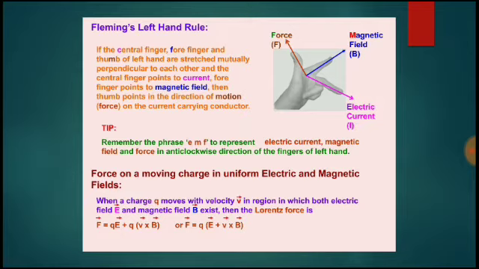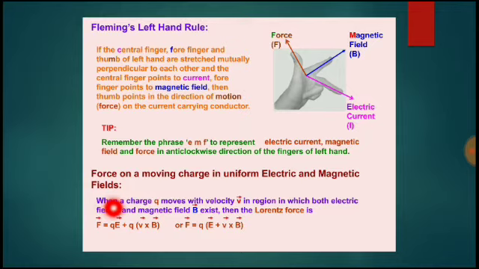When a charge Q moves with velocity v in a region in which both electric field E and magnetic field B exist, then there is the Lorentz force. In the previous case it was only the Lorentz force QV cross B, but here it is the total Lorentz force when the electric field is present.